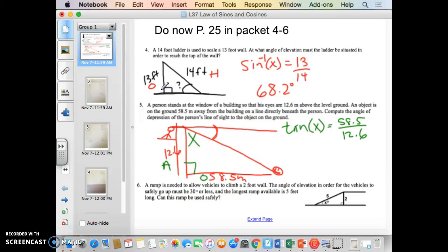So second tangent, 58.5 divided by 12.6, and you should get 77.8. So I know this angle is 77.8. This one is a 90-degree angle, so this would be 90 minus 77.8, which is 12.2. And again, it's in degrees.